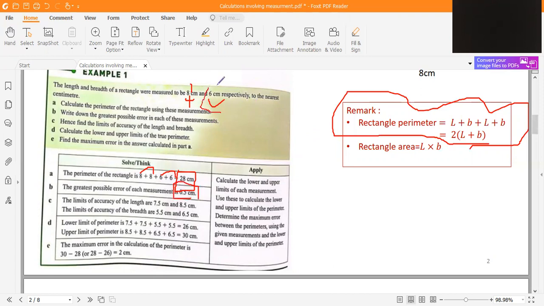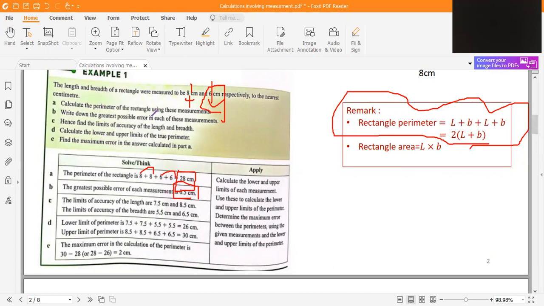And the same for the breadth. The last significant figure is located in the digit of 1 centimeter. So half of 1 centimeter equals 0.5 centimeter. So for both measurements here, the greatest possible error is equal to 0.5 centimeter.